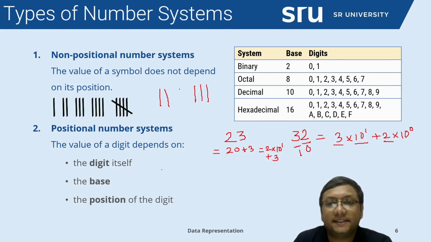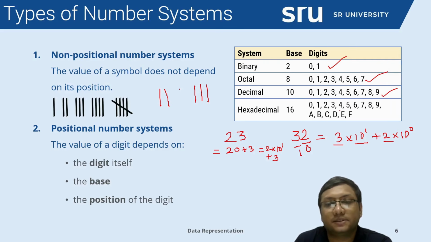Now for binary systems, the base is 2, and the allowed digits are 0 and 1. For octal, the base is 8 and the allowed digits are 0 to 7. For decimal, the base is 10 and the allowed digits are 0 to 9.